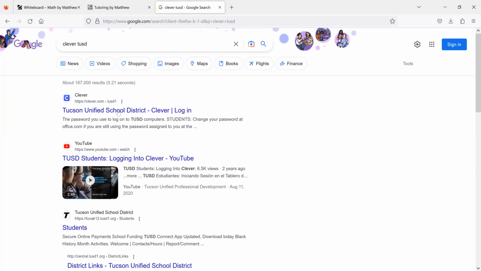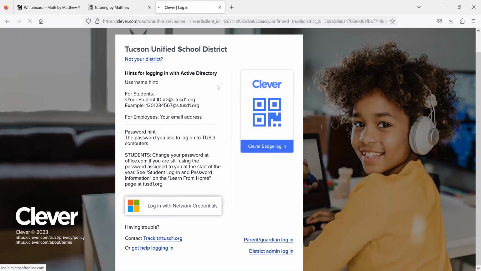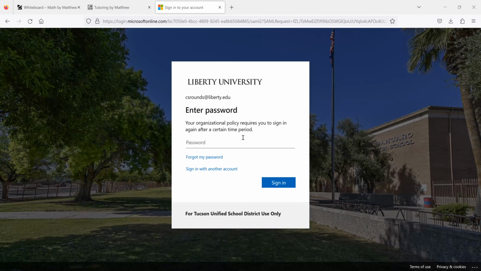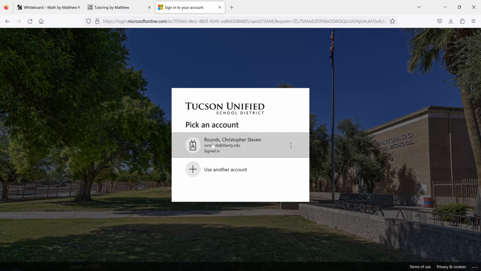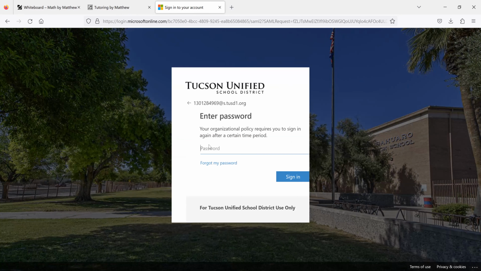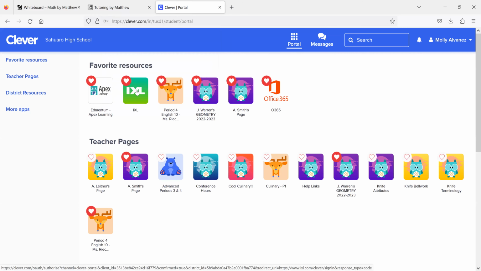But are you asking me to log in here? Yeah. Okay, log in with network credentials. Sure. Sometimes this will or will not work. It thinks there's another account, so let me use another account. There we go. All right, there it is. Now we're right here, IXL.